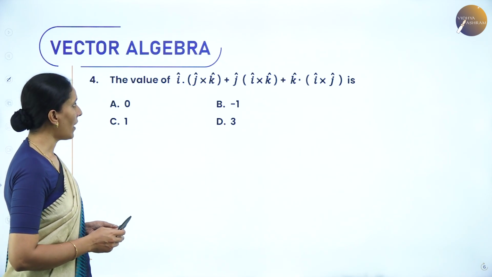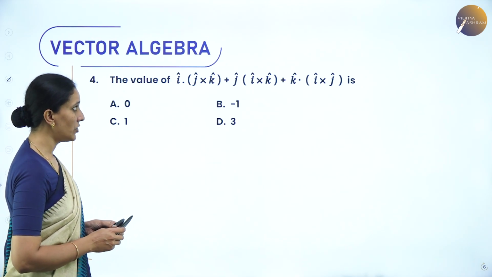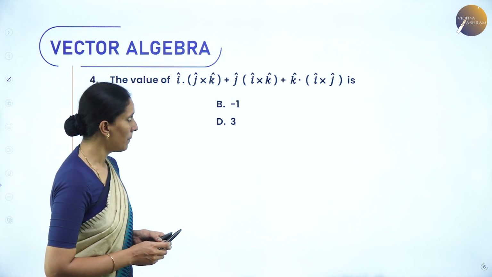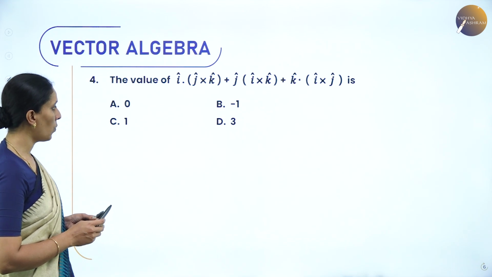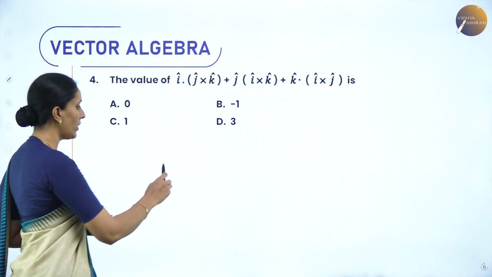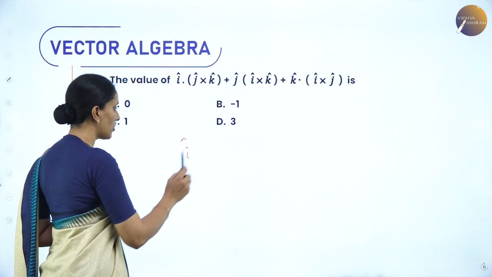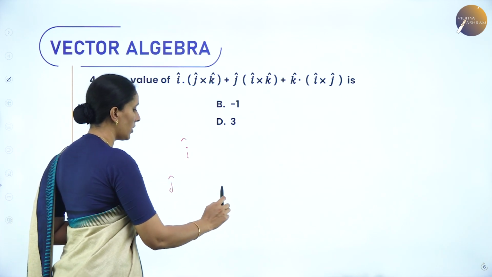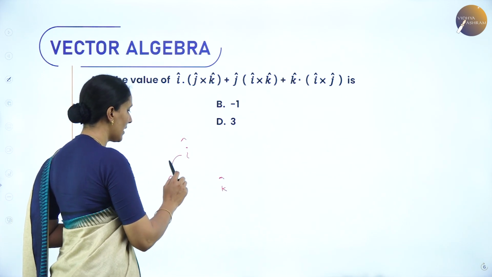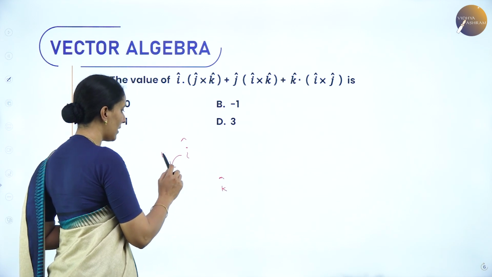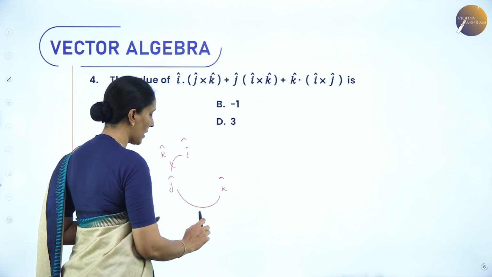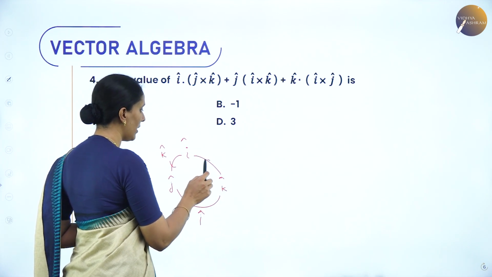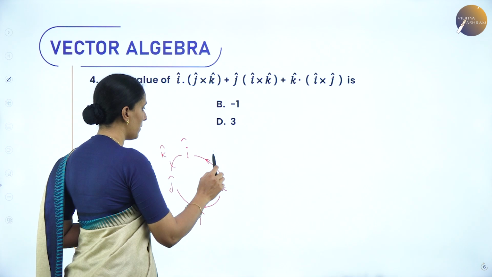Next, the value of i dot j cross k plus j dot i cross k plus k dot i cross j is 0, minus 1, 1, 3. So we know the vector product of the unit vector components, that is i cross j is nothing but k, and j cross k is nothing but i, and k cross i is nothing but j.